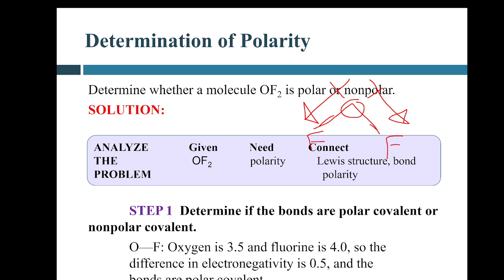Would they both be pulling equally if there's 2 of them? In the right and left directions, yes, but in the top and bottom, they actually are adding up. And so you have one end that's positive, the oxygen, one end that's negative, the fluorine end. It's actually reverse water, if you will, for its bond dipole. It looks a lot like the water, just the fluorine is the more electronegative one.